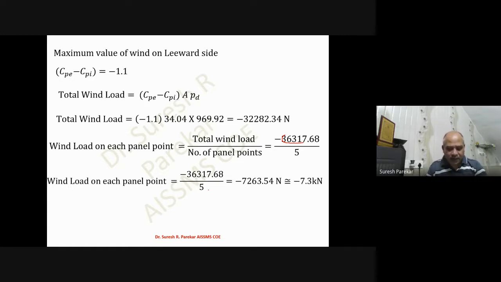If we divide it by 5, then we get this value, 7.263, and that is 7.3 kilonewton. So actually here we have a correction: this value is 36317.68 newtons.